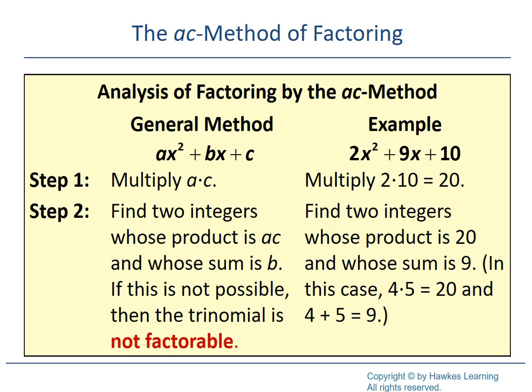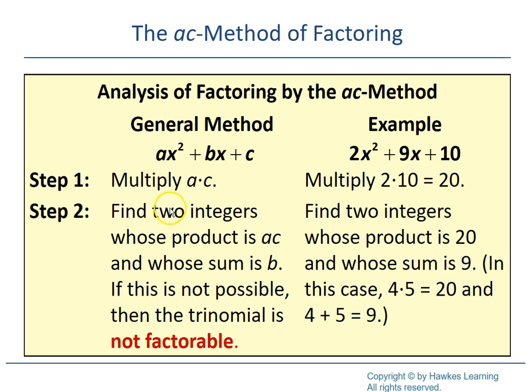Now, another method that we use sometimes in these trinomials when our a term is not a 1 is a method that's called the AC method. Now, I like the way they've laid this out. They're describing it to you. The a from our trinomial times c gives us a product.